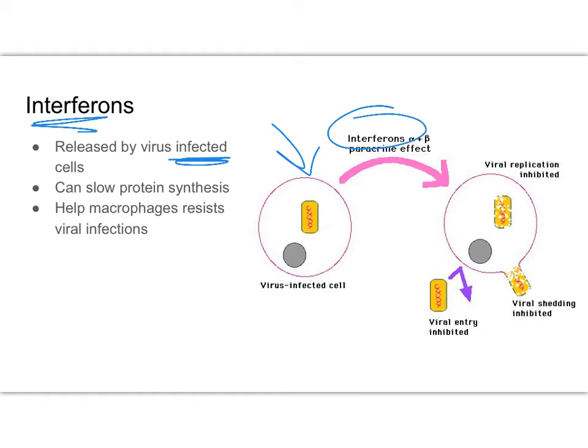These interferons will go and bind to healthy cells, and when they bind to healthy cells, they can help slow down protein synthesis. If you remember from viruses, they need a host cell to reproduce. They have to take over the machinery so the host cell can make their proteins for their capsid cover.